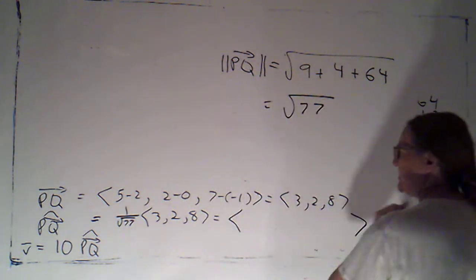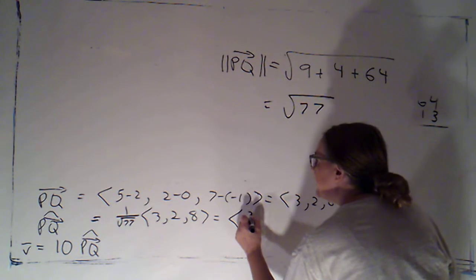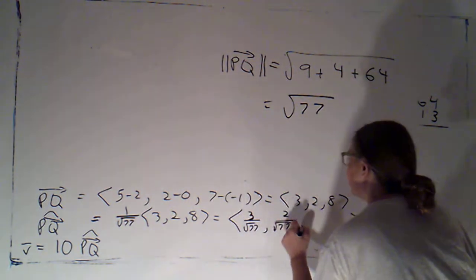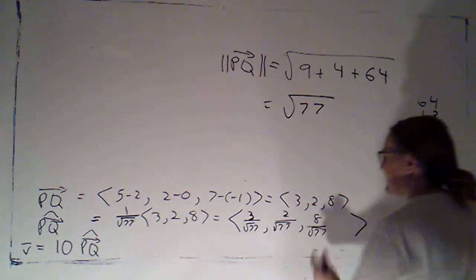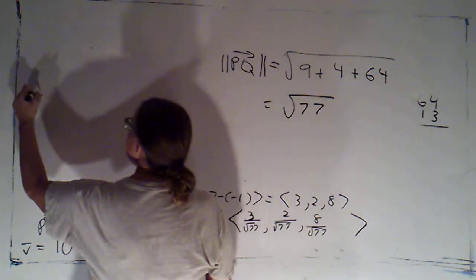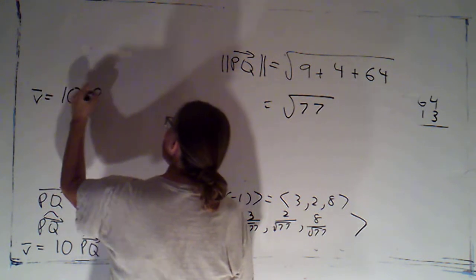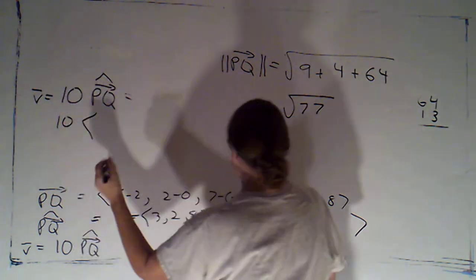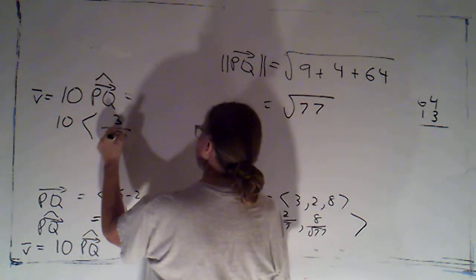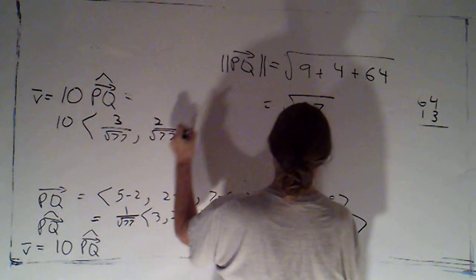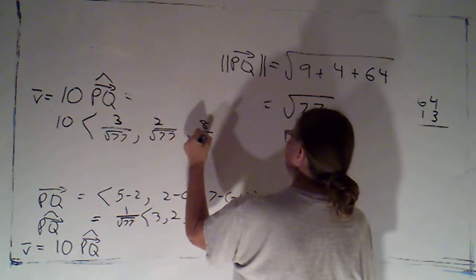I'm going to go ahead and do the scalar multiplication. That's going to give me (3 over root 77, 2 over root 77, 8 over root 77). So now that's a unit vector that has the right direction. So now I can say V is going to be 10 copies of PQ hat. So that's 10 copies of (3 over root 77, 2 over root 77, 8 over root 77).